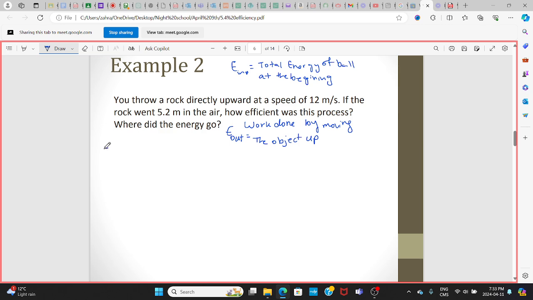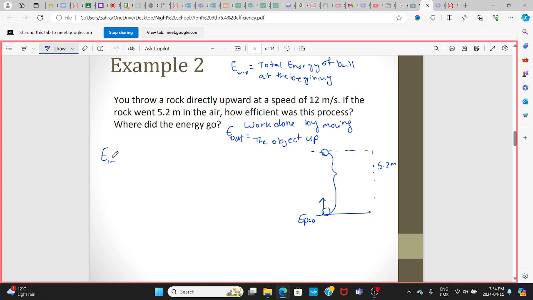Now, input energy, this is easy, right? If I take the E potential zero to be when the ball is thrown up, and it's going to the highest point here, it is 5.2 meters tall. I want to see how much work is done from here to here. Okay.